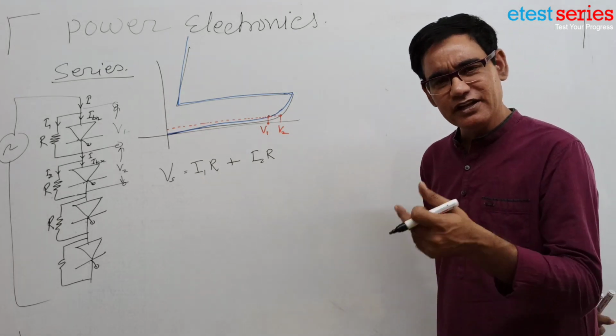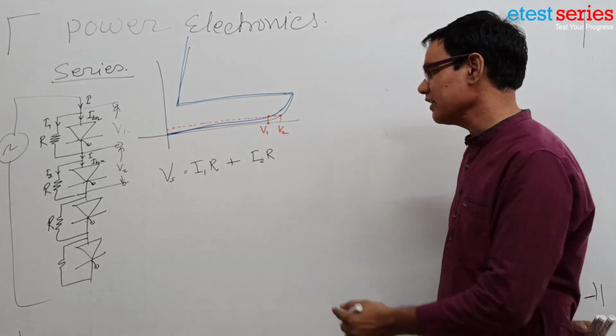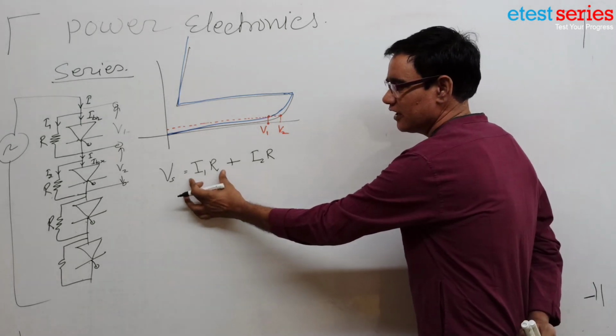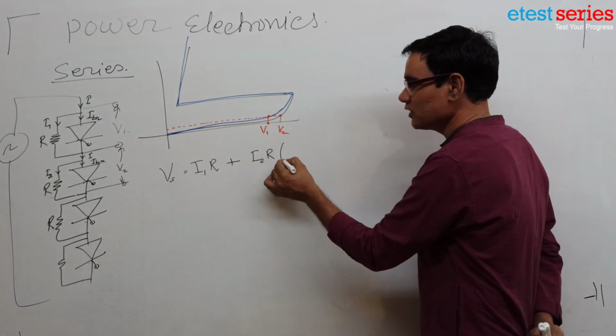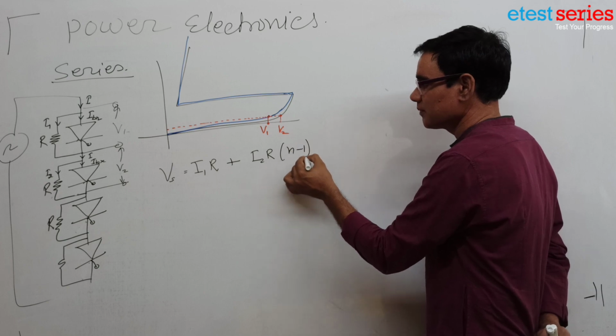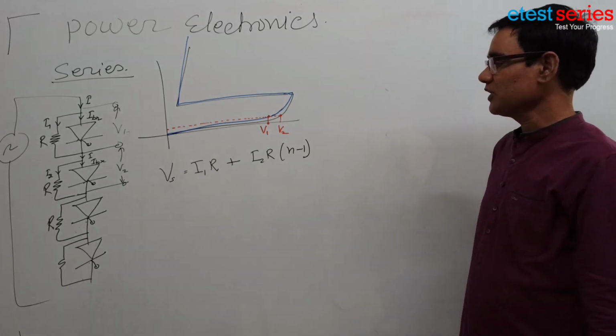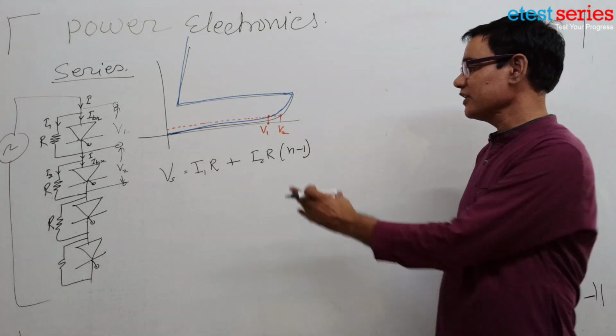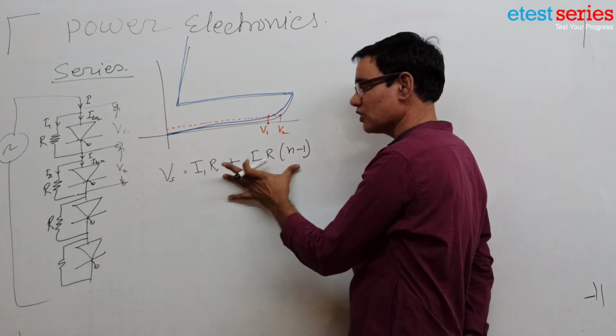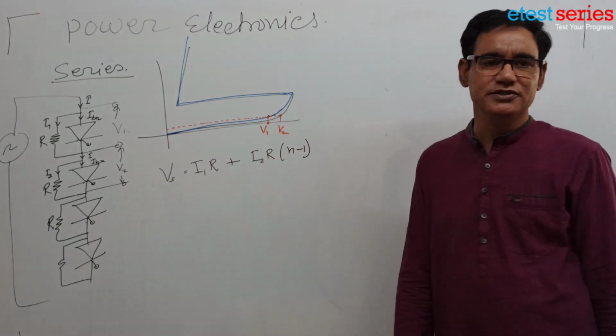So the second, third, fourth, fifth, they are n minus 1 remaining, and the first is 1. So n minus 1 and 1, total n. So this is the total voltage.